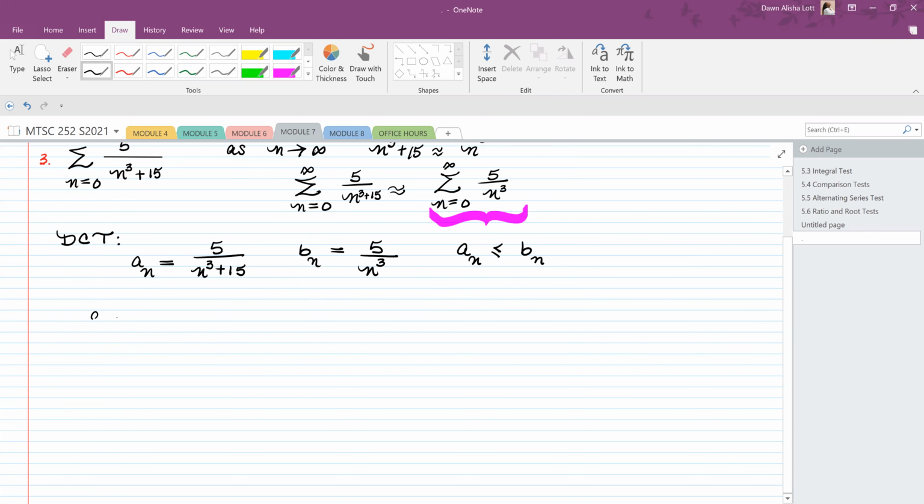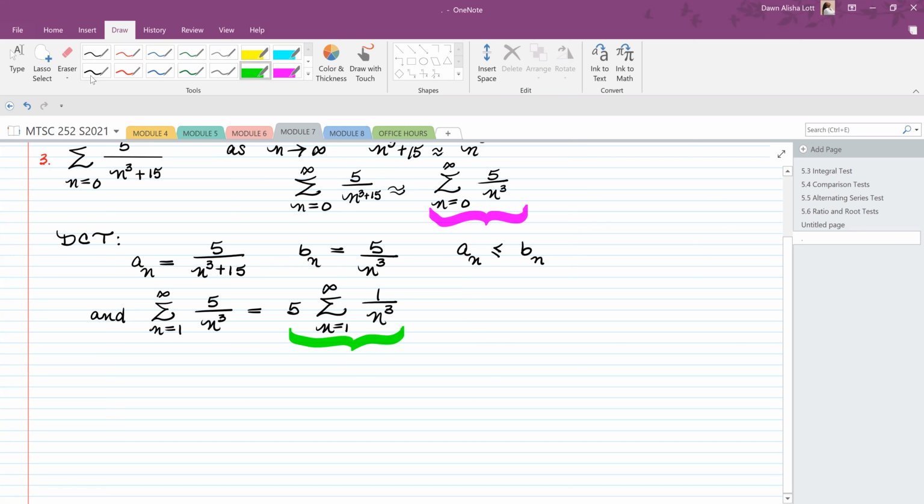And the summation n equals 1 to infinity of 5 over n cubed is equal to 5 times the summation of 1 over n cubed. What do you know about this series?